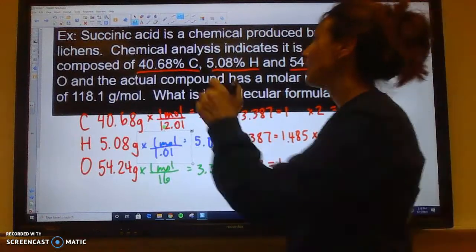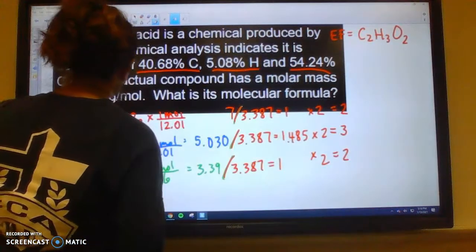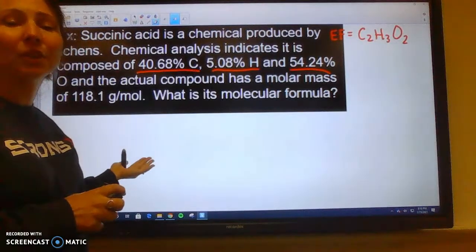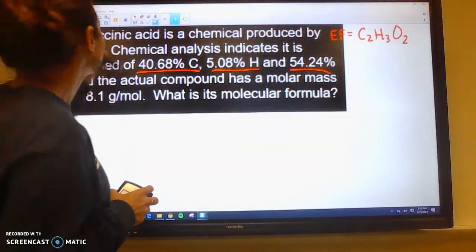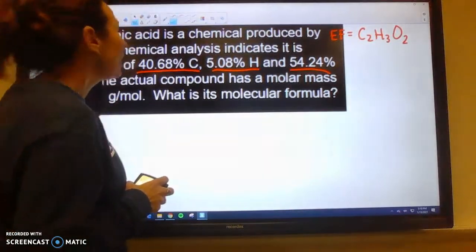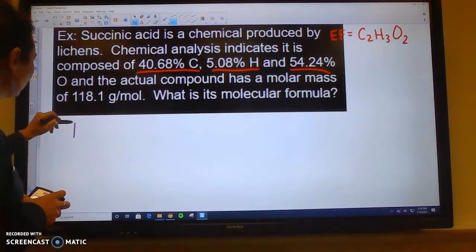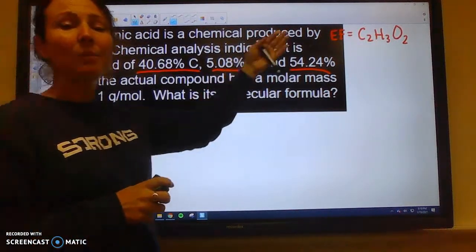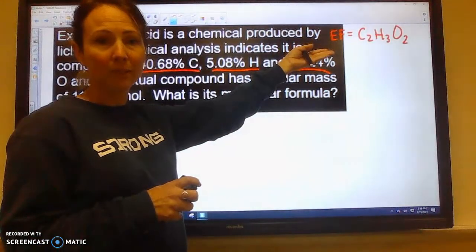Before I do the next step, I'm going to go ahead and erase this work, so that I can show you how I would determine the molecular formula. So, my molecular formula is going to be some multiple of the molar mass of my empirical formula.